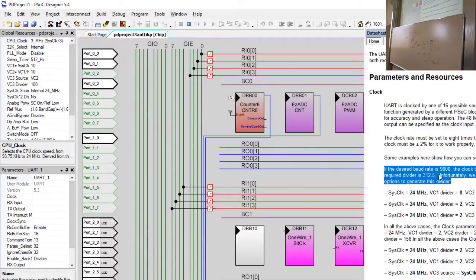As you can see, the divider for the 24 megahertz should be 312.5. Okay, we cannot take 0.5 divisors for clock. Actually, we can, but we are not doing it.